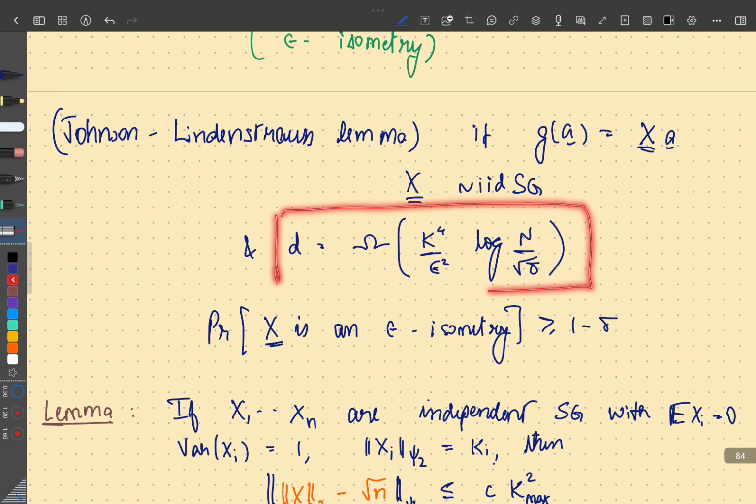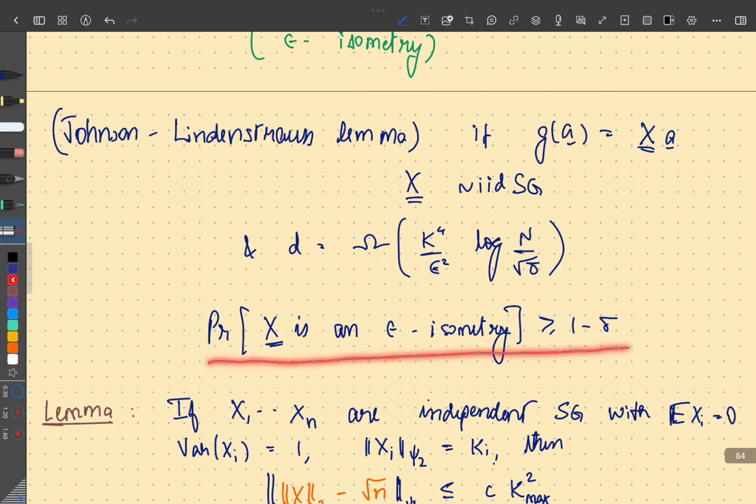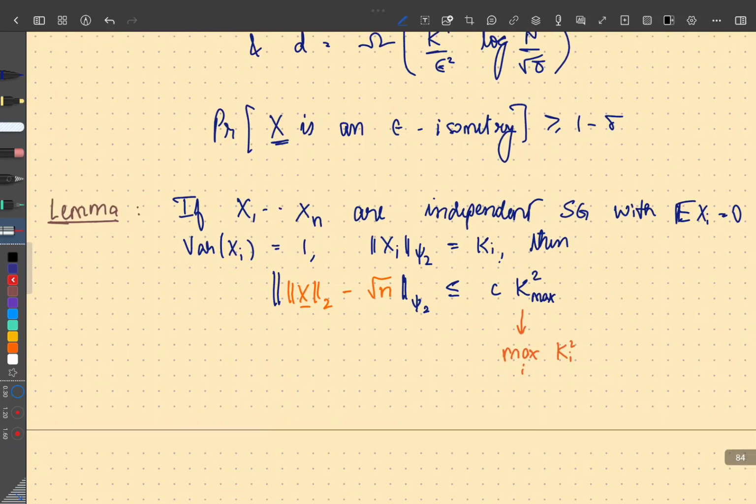But this little d can be chosen independent of the dimension of the original space, capital D. So if we choose d to be at least this much, then we can guarantee that with high probability, the linear projection X is going to be an epsilon isometry. The probability that X is an epsilon isometry is at least 1 minus delta.